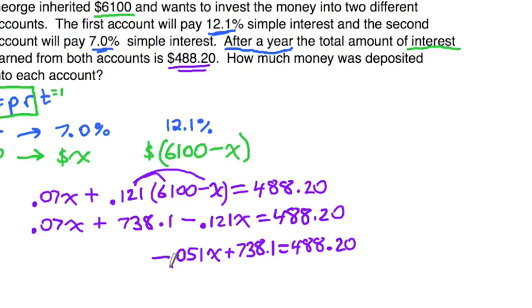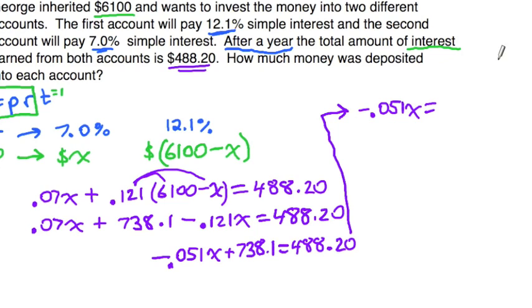All right, and then continue solving. Move the constant to the other side, start getting the variable by itself. I'm going to have to move this up over here to give myself some room. So when I subtract it over to the other side, negative 0.051x, it better come out to be a negative number, otherwise bad things are going to happen, and it will.